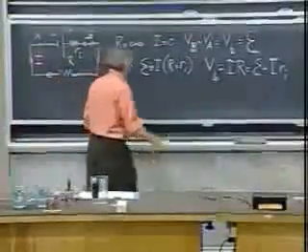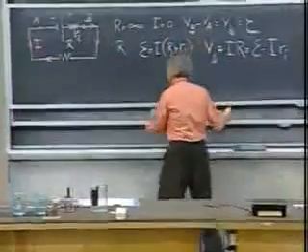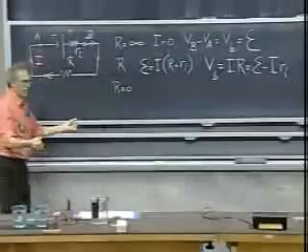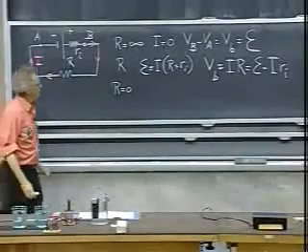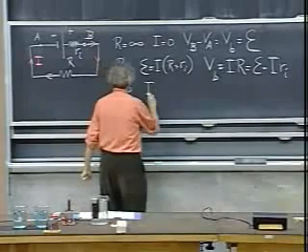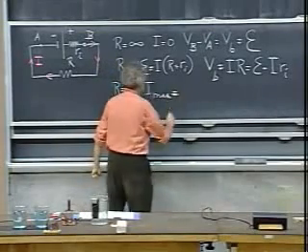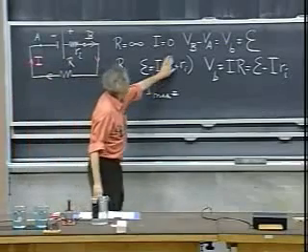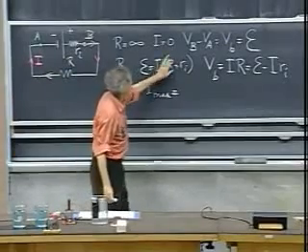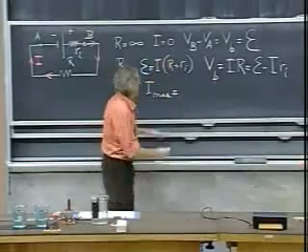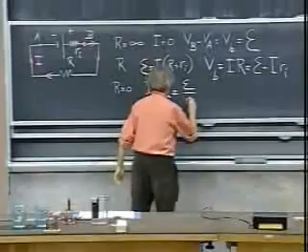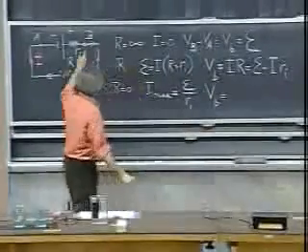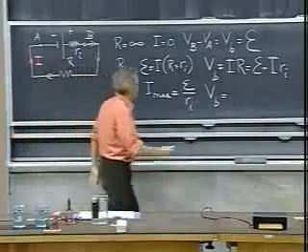If I shorted out this battery, stupid thing to do, but if I make R equals 0, so I take the battery and I just short it out, then the maximum current that I can draw, so R is now 0, you can see that the maximum I that you can get is E divided by r of I, and V of the battery, the voltage that you would measure now between point B and A, goes to 0.